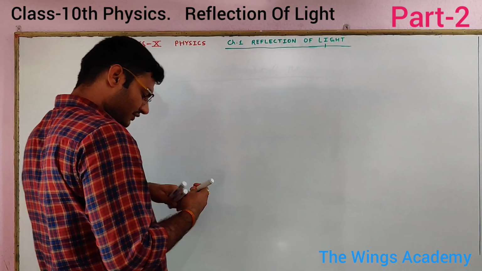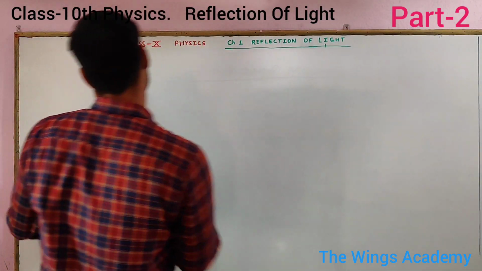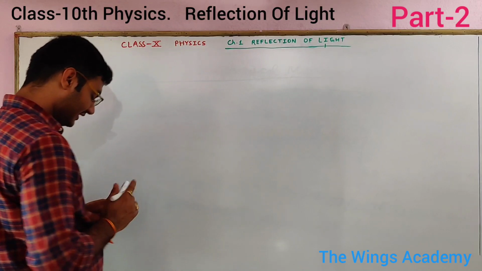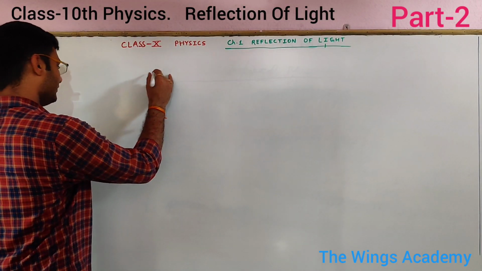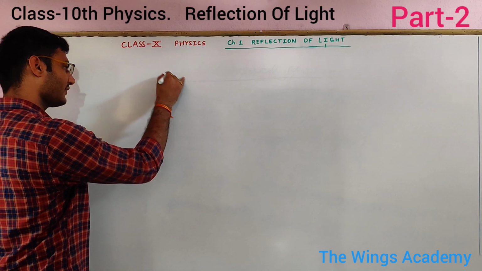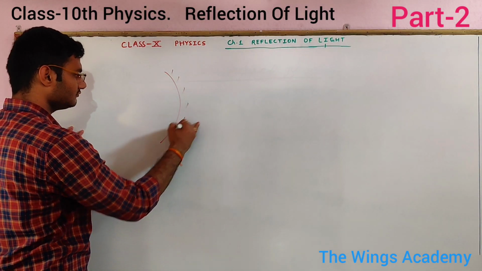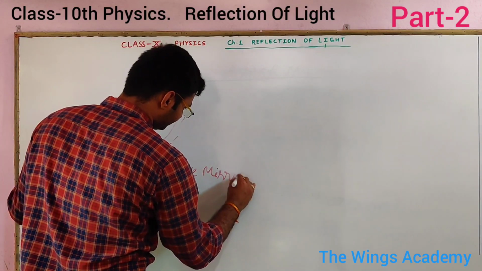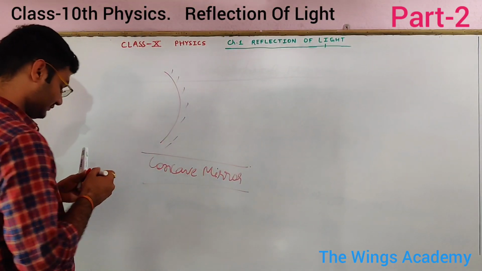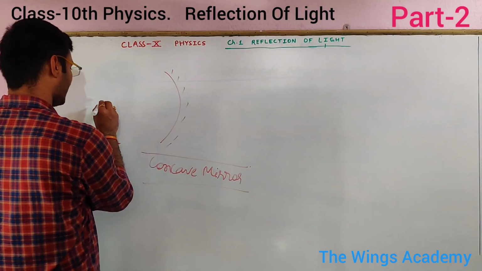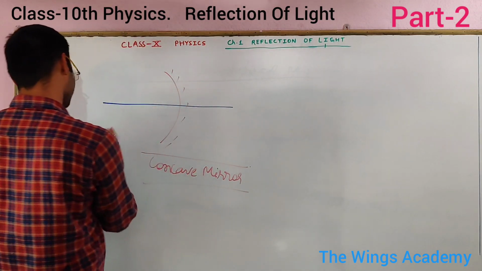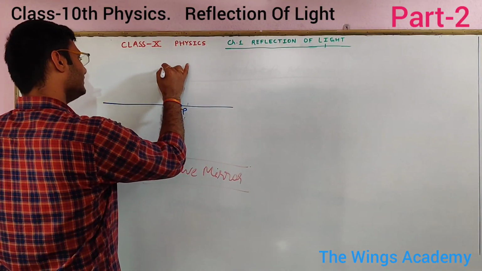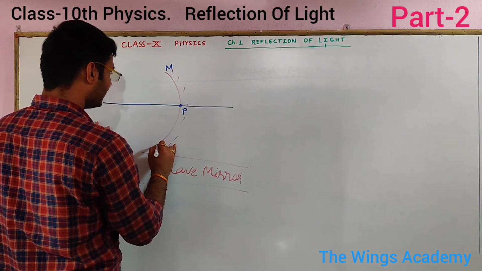Now we are going to discuss some rays which are important for image formation by a spherical mirror. First we take a concave mirror. This is our central axis, this is the pole and this is the concave mirror MN.